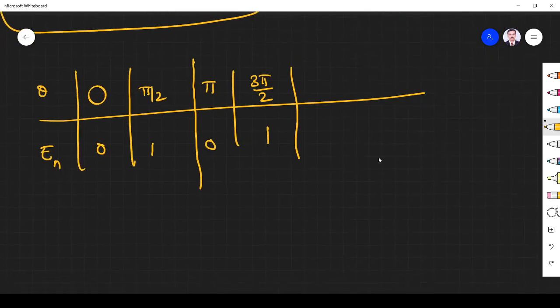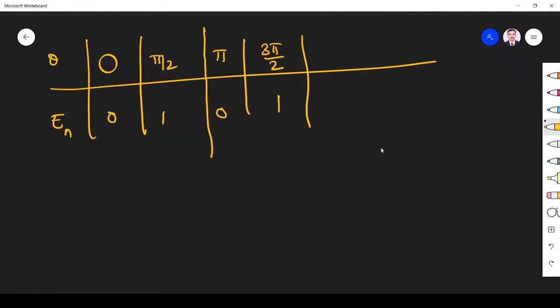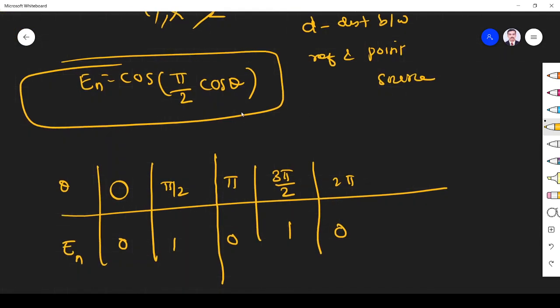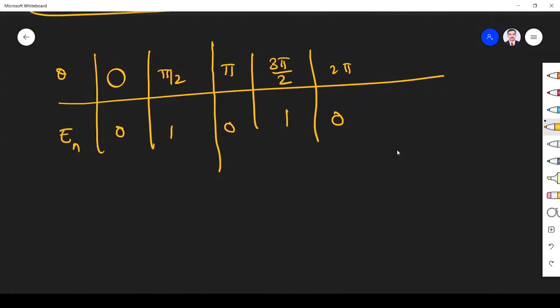This we draw as a diagram. Fine. So at 360 degrees or 2 pi, it will repeat, 0 only, right? When you substitute, cos 2 pi is 1, then cos pi by 2 is 0. Now we will draw one more value.